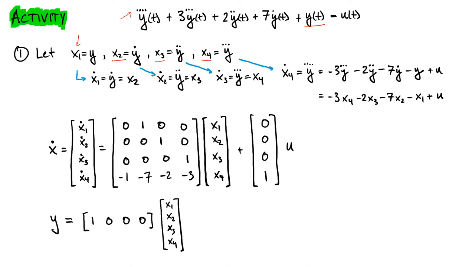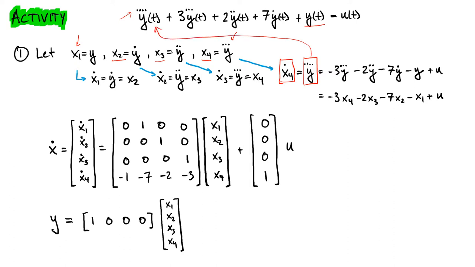And again, because of the pattern that we keep using, we stop here knowing that we're going to be taking derivatives of x4, x3, x2, and x1. And when we take a derivative of x4, x4 dot will be y quadruple dot. And that's what brings us back to this equation.